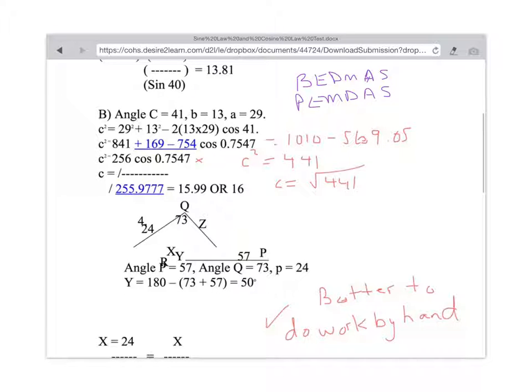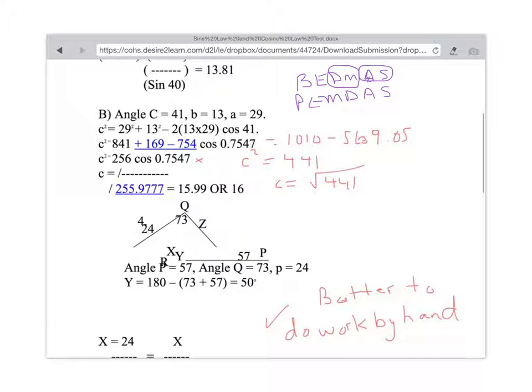So when we use BEDMAS, the B stands for brackets, so you do brackets first in an equation, and then the E for exponents, D and M for divide and multiply, and you just do those in the order that you see them in the question, and A and S for add and subtract, and again you just do those in the order that they come up in the equation.